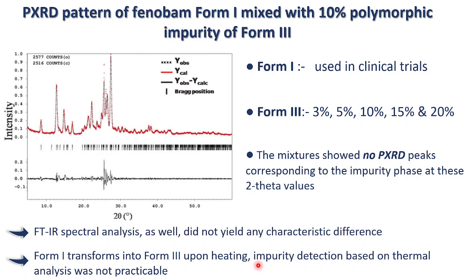Because form 1 normally transforms into form 3, so we can't detect the presence of one form, as one form changes into another. It's not thermally stable, so we can't use thermal techniques. That's why PXRD, FTIR and thermal analysis techniques can't be used for detecting small amounts of impurities in the mixtures.